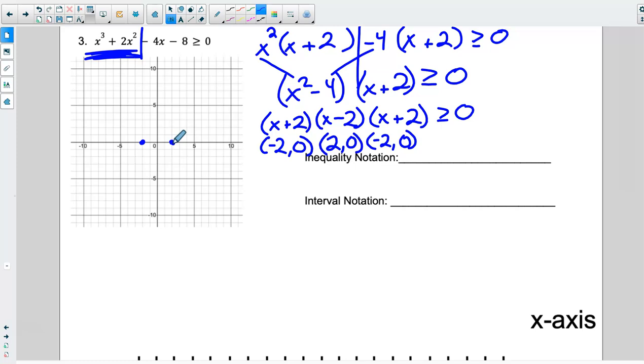Is that together or is that separate? Separate. So where am I going to start? Am I going to start up high or am I going to start down low? What's our picture going to look like? It's going to be like this. That's good. So I go like this, bounce, cut.